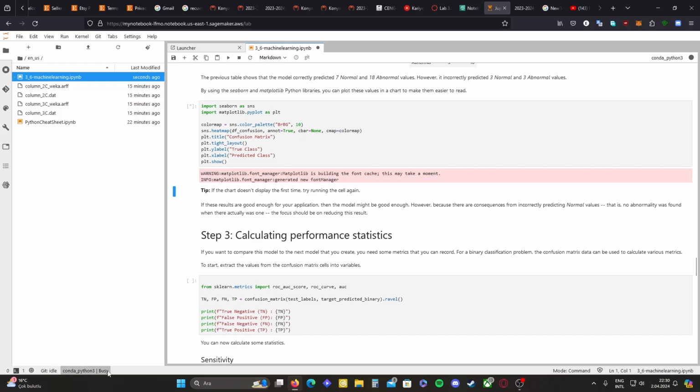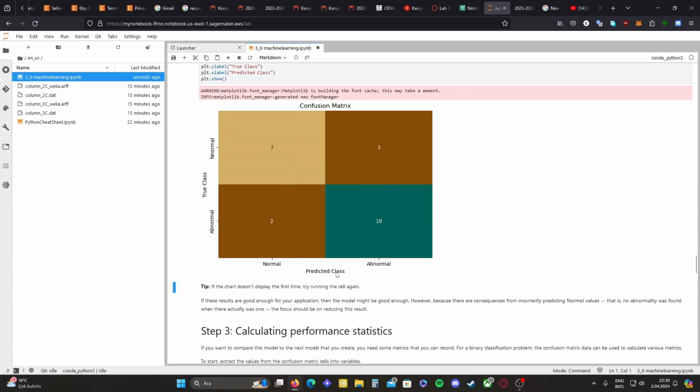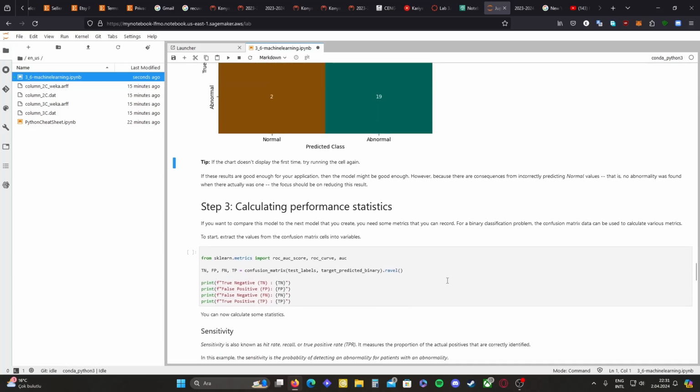Now we can see the chart, and if these results are good enough for our application, then the model might be good enough. However, because there are consequences from incorrectly predicting normal when there actually was an abnormality, the focus should be on reducing this result.